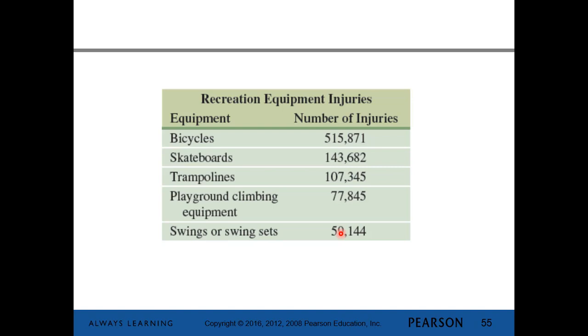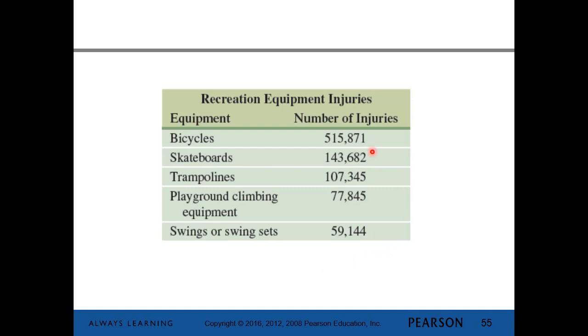If I asked what's the probability that a randomly selected person from this population was injured while skateboarding, what we would do is take the number of outcomes from this data set that resulted in injuries during skateboarding.